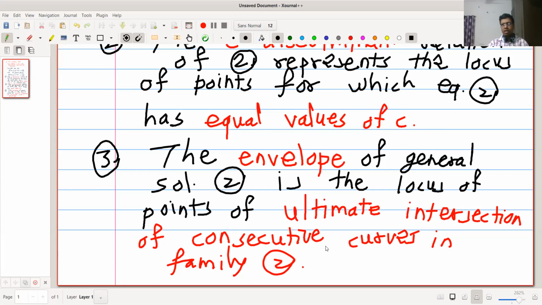We know that envelope is also a solution, but which is not obtained from general solution. At each point of envelope, we can have a solution curve which is tangent to the envelope.